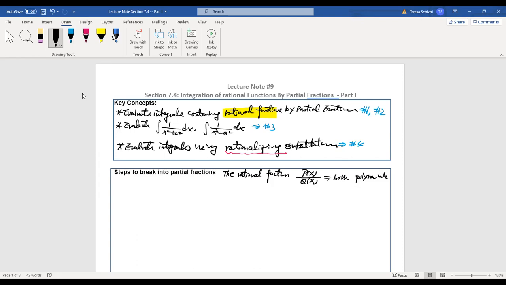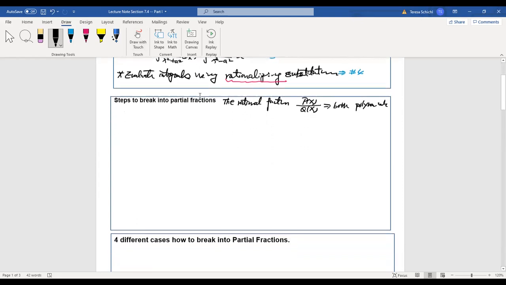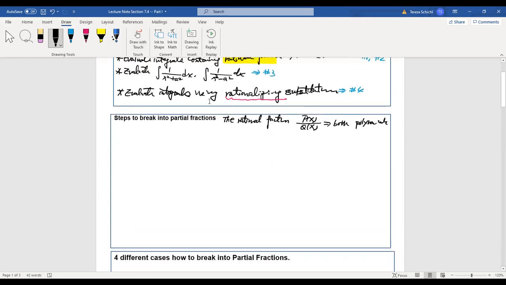Okay, so when we do that, we have a few key steps. Let's take a look at how we break it.